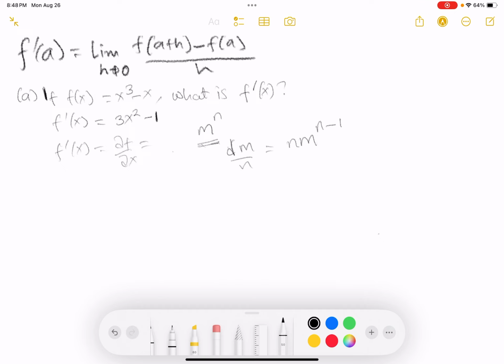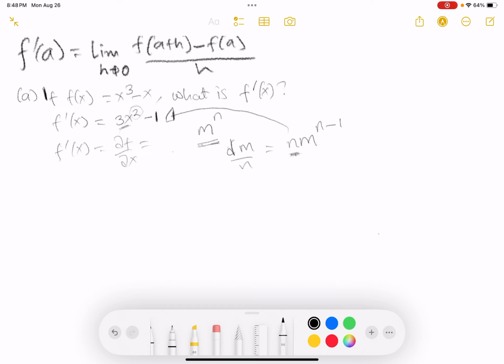In this particular case, if you take 3 and you drop it down, it will be there, and n minus 1 becomes 3 minus 1, which is 2, and then minus 1.